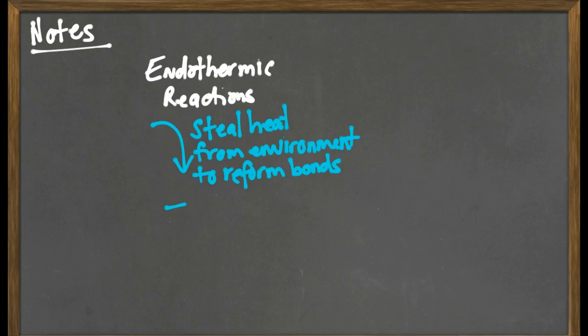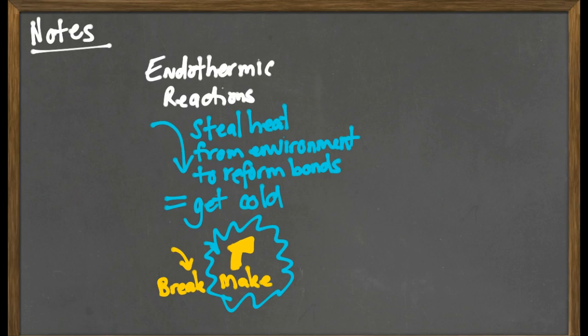So you're going to be taking these notes down that are on this page. Essentially, to revisit, endothermic reactions steal heat from the environment to reform their bonds. That means everything gets cold. That's because the breaking of the bonds releases some energy, but they need more energy to make the new bonds.